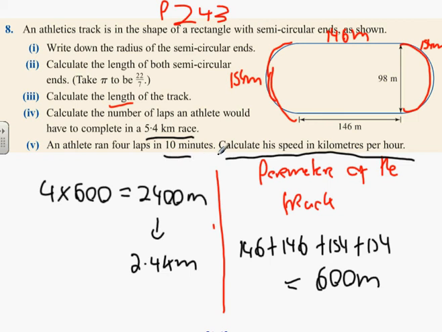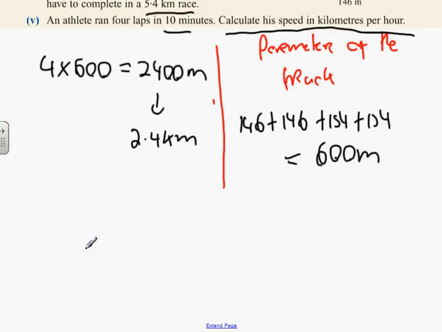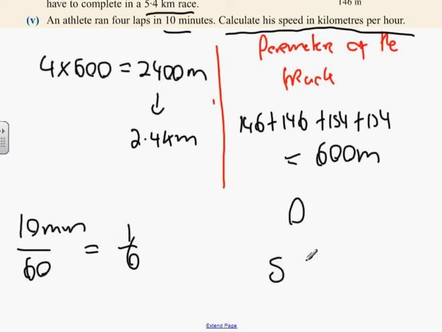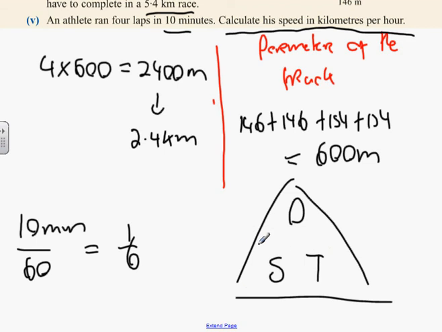The athlete ran 10 minutes. 10 minutes is how much of an hour? 10 divided by 60, which is 1/6. Does anybody remember the distance speed time triangle? Which one are you looking for?